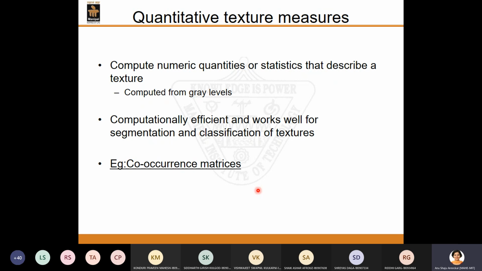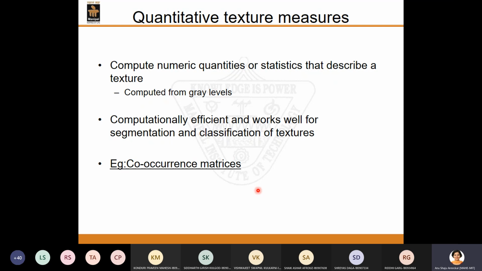Another example is the LBP, or local binary pattern. In LBP features, it will look at a particular center pixel under consideration and look at its neighborhood pixels, and it will threshold the neighborhood pixels with the value of the center pixel, and that will give you a binary pattern.